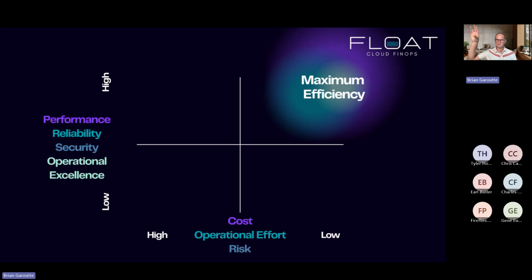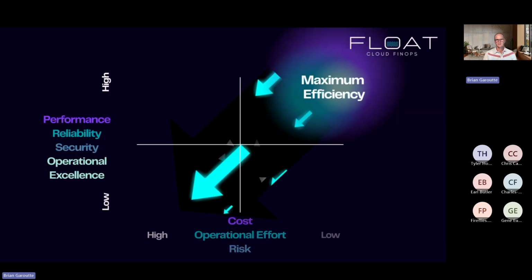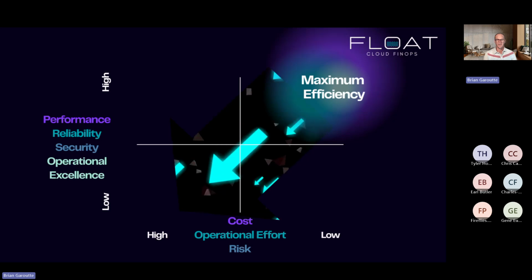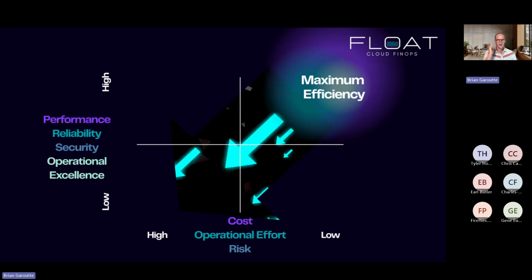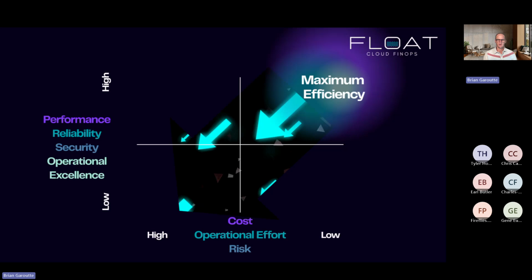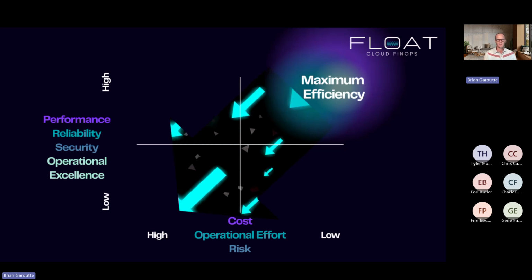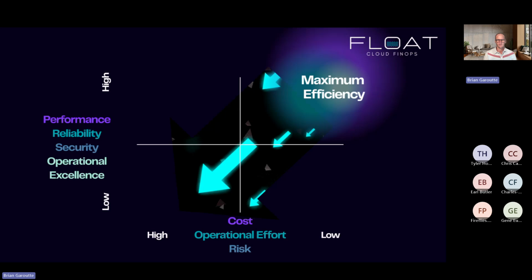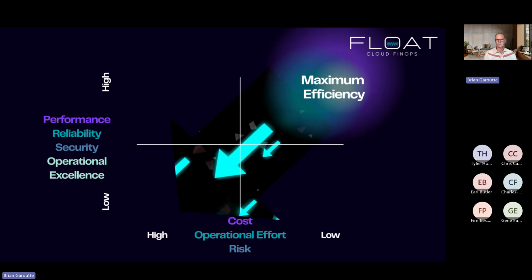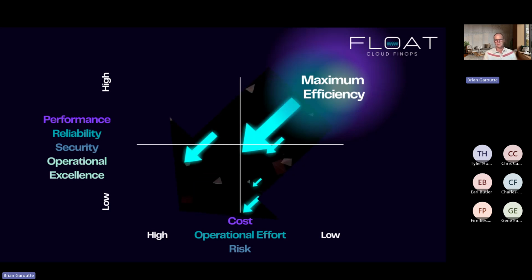Maximum efficiency becomes this top and to the right goal, but there are forces continuously pulling you down and to the left. Those forces can be changes in business requirements, waste that accumulates over time, or new capabilities released within the cloud that drive you down and to the left relative to that target.